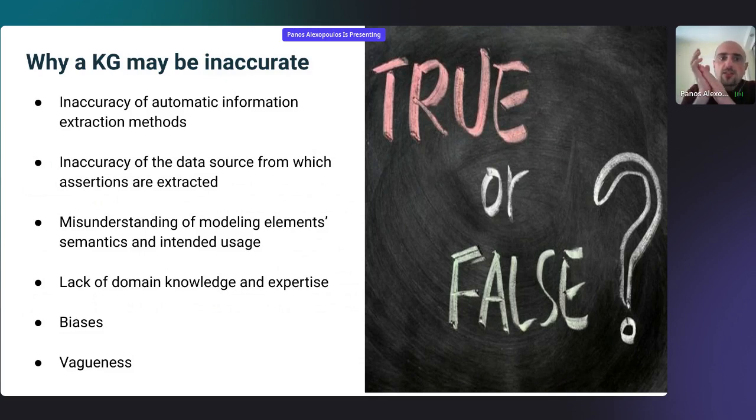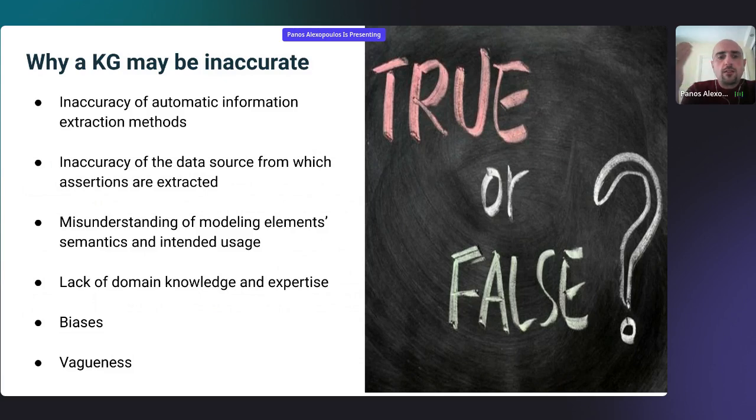When these methods themselves are inaccurate and contain some degree of imprecision, this imprecision of course passes to the knowledge graph. It may also be that the method itself is correct, but the data source from which assertions are extracted is wrong. So if you are creating a knowledge graph from, for example, a database that already contains wrong statements, then these wrong statements will appear also in the knowledge graph.